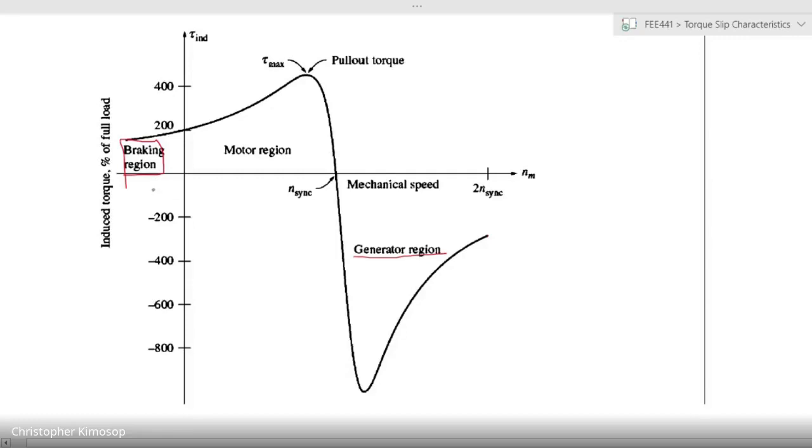If your slip is greater than 1, if the slip changes relative to what the motor is supposed to do, we now enter what is called the braking region, because the motor is turning backwards relative to the direction of the rotating magnetic field. So what does that mean? If your rotating magnetic field is moving in one direction and the actual mechanical speed is in a different direction, what does that mean?